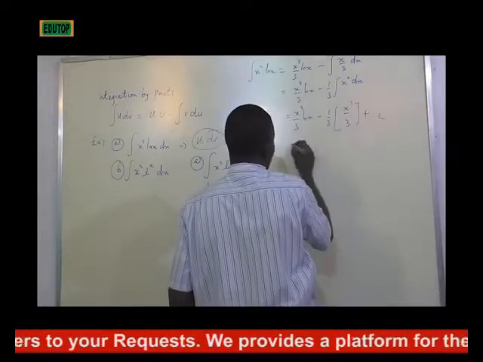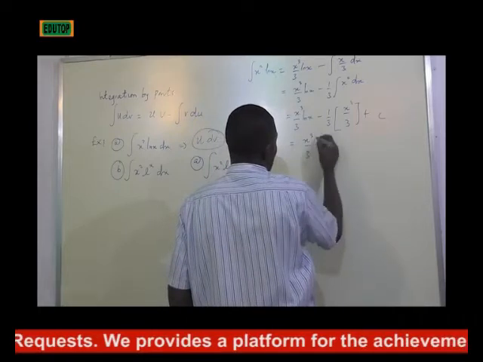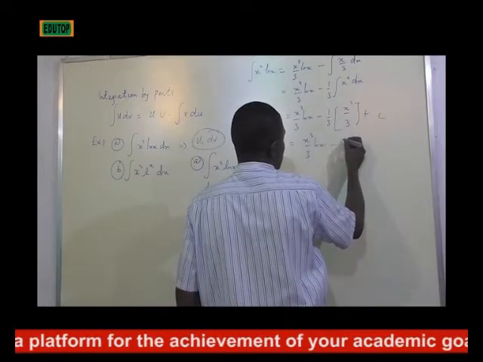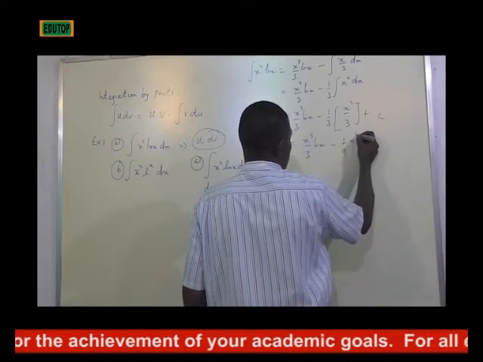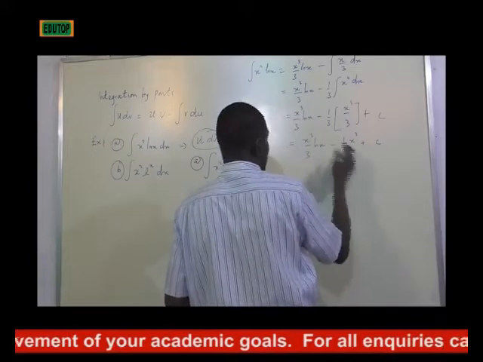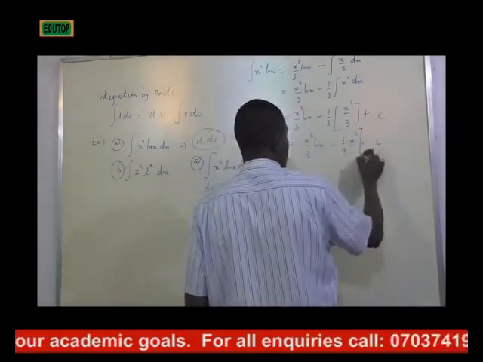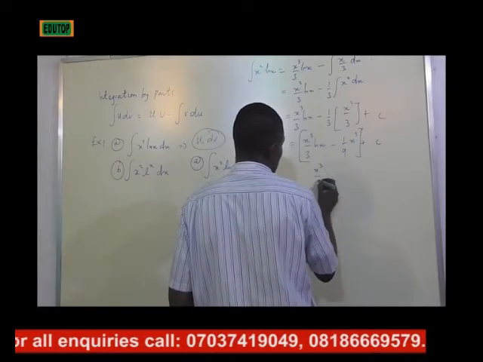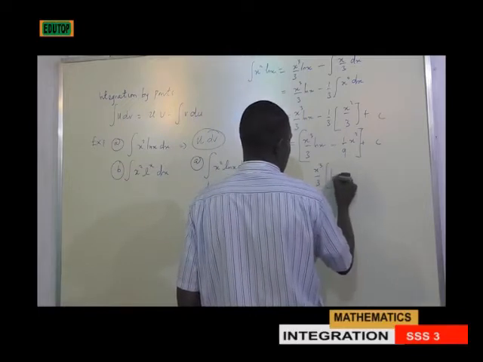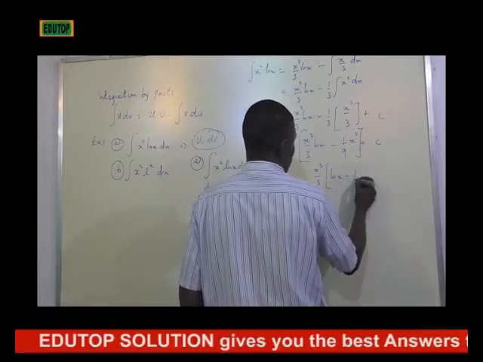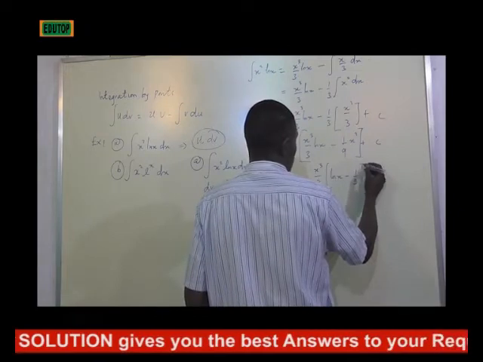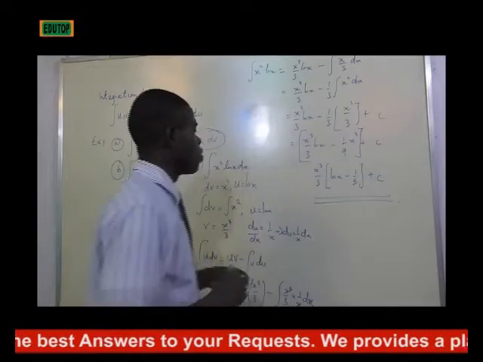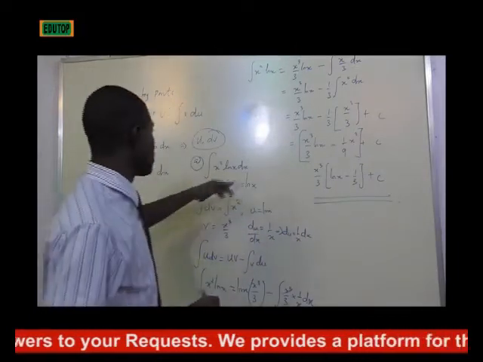Then here we have x cubed over 3 ln x minus 3 times this, that will be 1 over 9 x cubed plus c. Now you can see that x cubed over 3 is common, so I will have x cubed over 3 times ln x minus 1 over 3, plus c. So this will be the answer to the integration by parts of this.